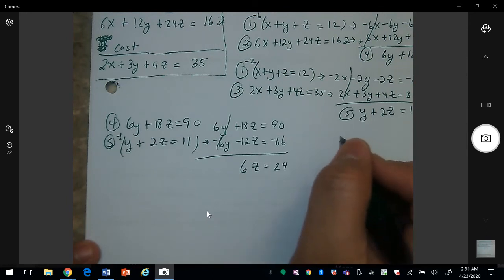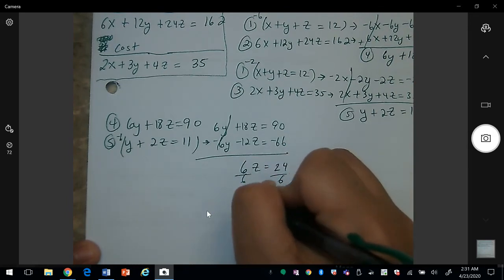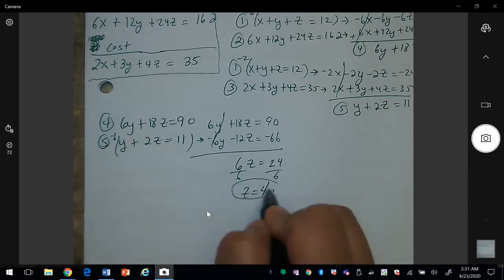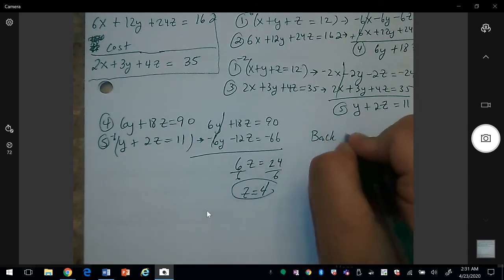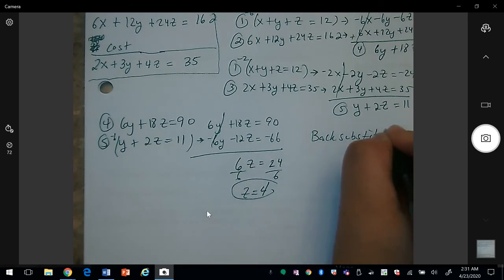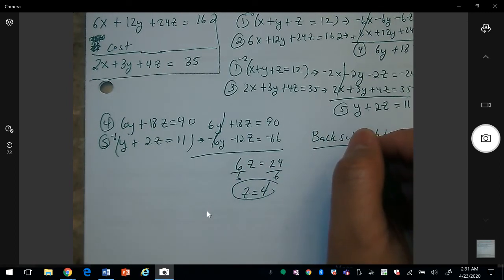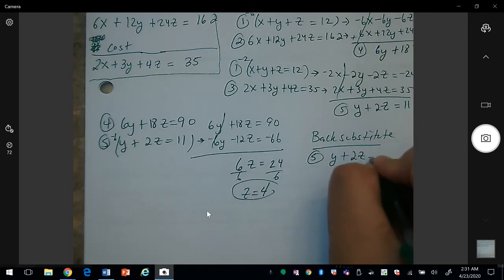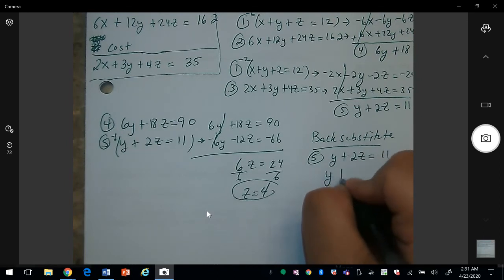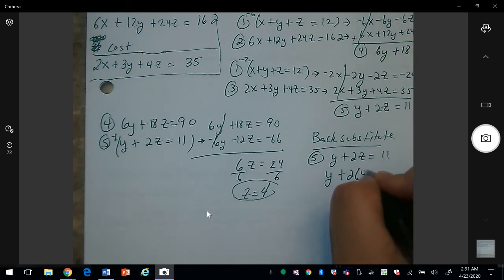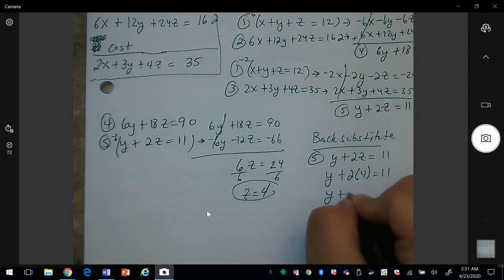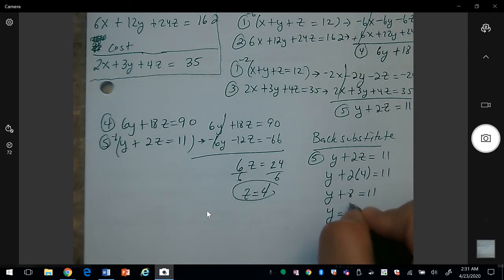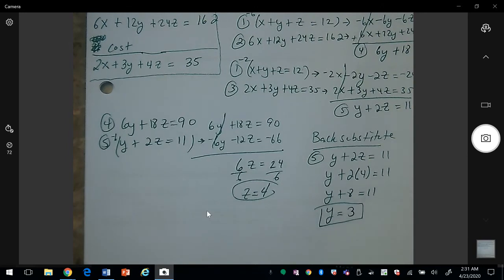Divide that by 6. So z is equal to 4. So we're going to back substitute into equation 4 or 5. I'm going to choose equation number 5. So here we know that z is equal to 4. Subtract 8, so y is equal to 3.